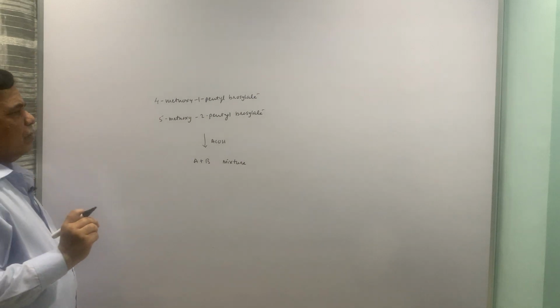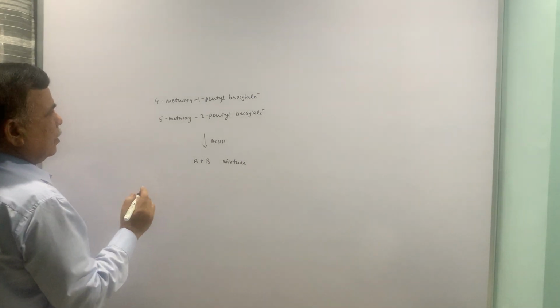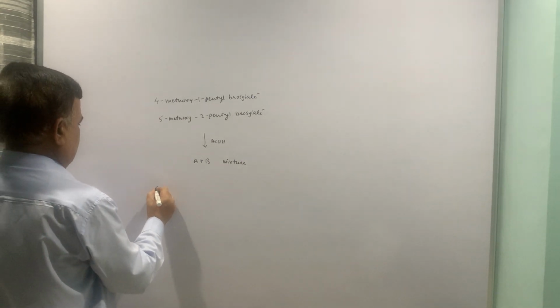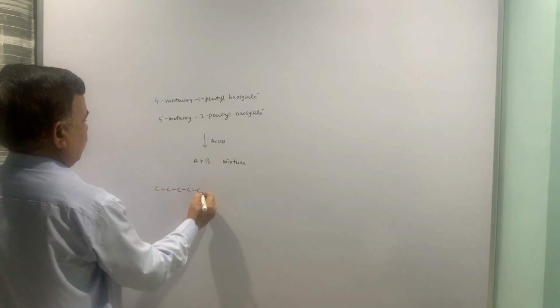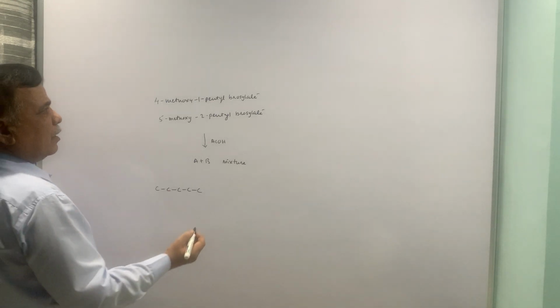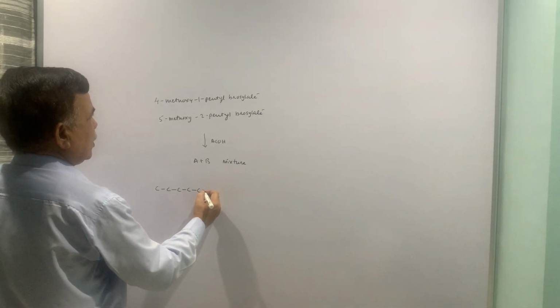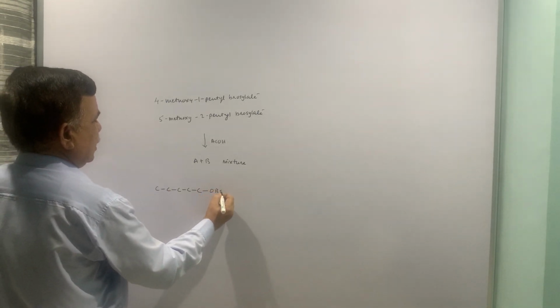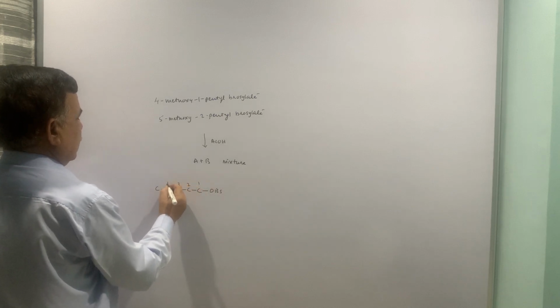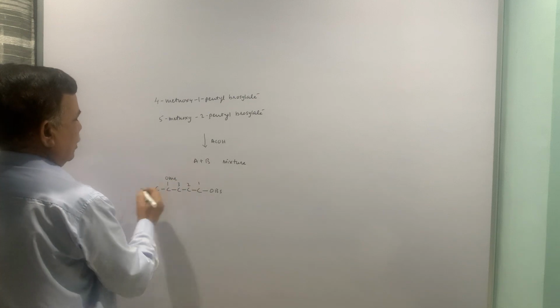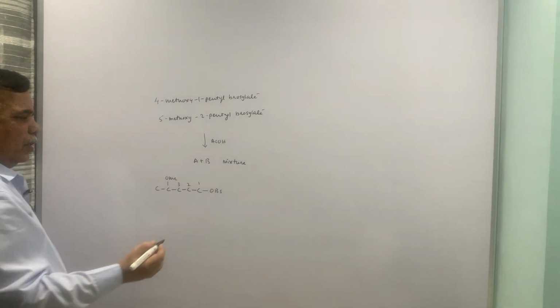Now first of all 4-methoxy 1-pentyl brosylate. So let me put this structure. 5, that is pentyl, 1-pentyl brosylate, that means brosylate is here, so that becomes 1 2 3 and here it is OMe, remaining no need to draw.